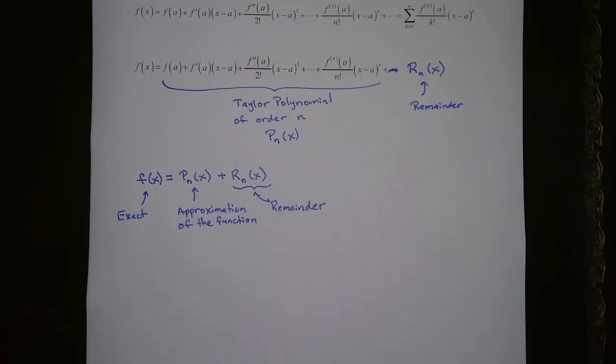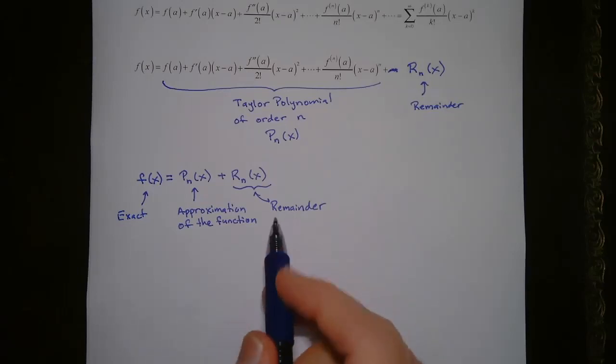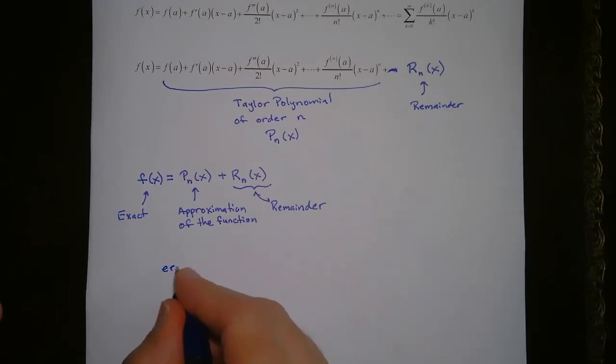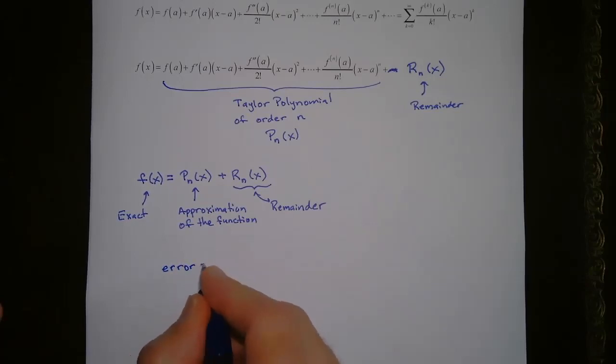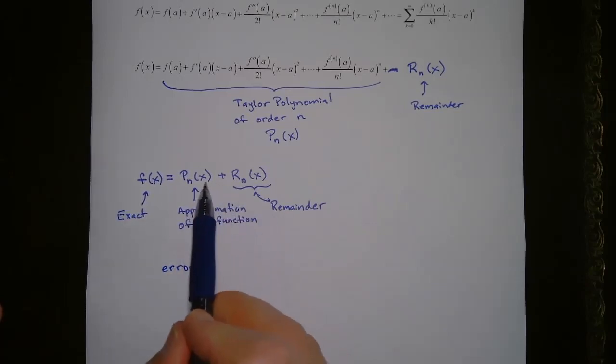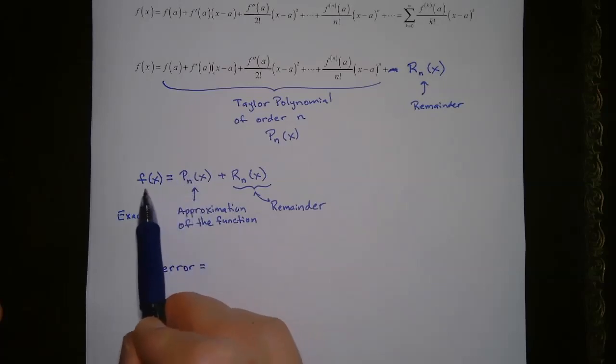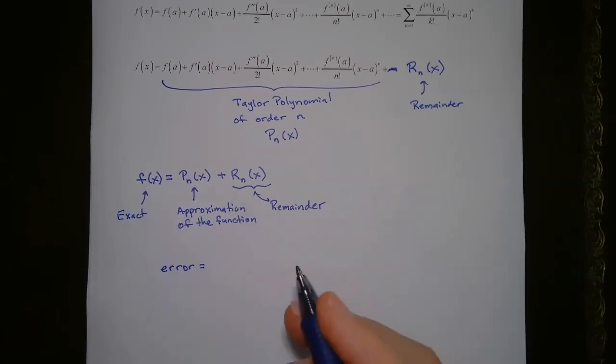To know what the error is, which is also called our remainder, we could get it by taking this Taylor polynomial of order n and subtracting it, and we would take the absolute value of it.